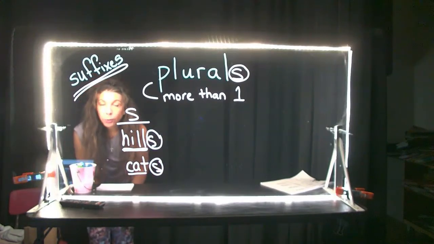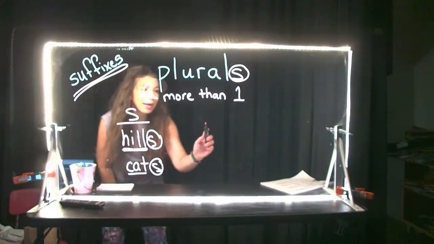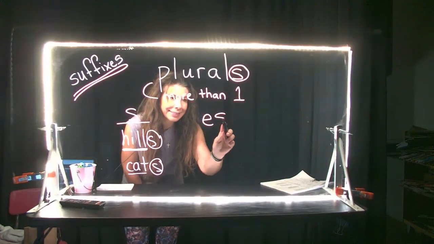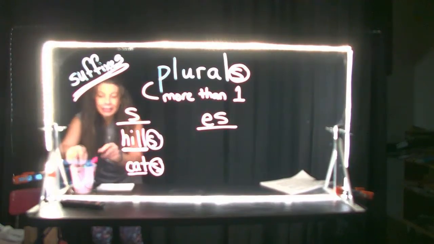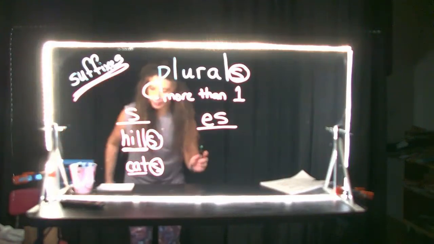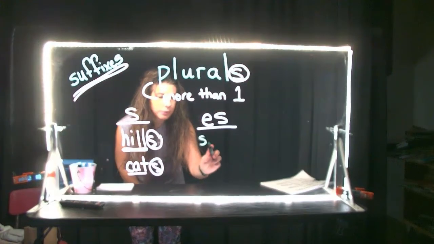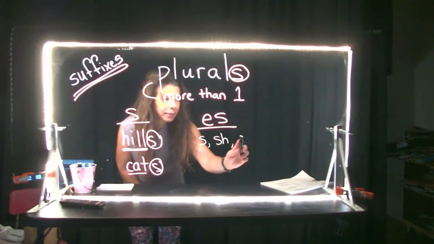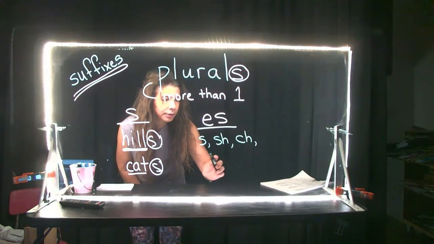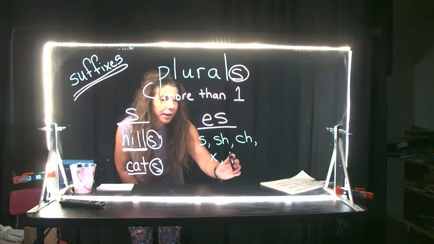Another way to make a word plural is to add the suffix es. Now, when you add the suffix es, that is if a word ends with an s, an sh, a ch, an x, or a z.